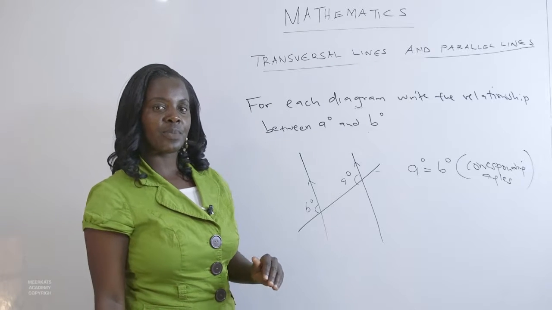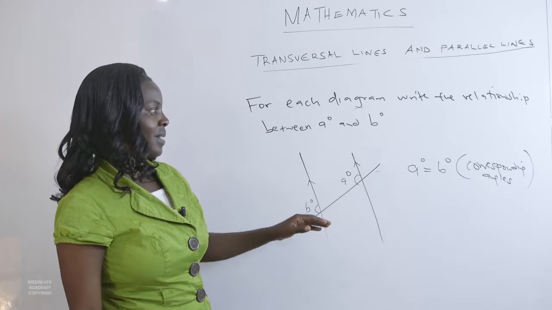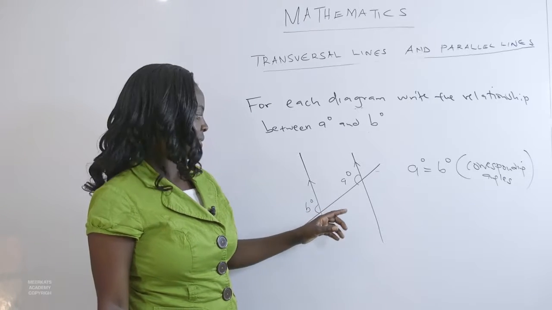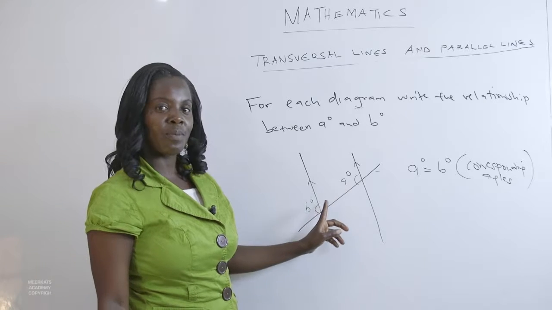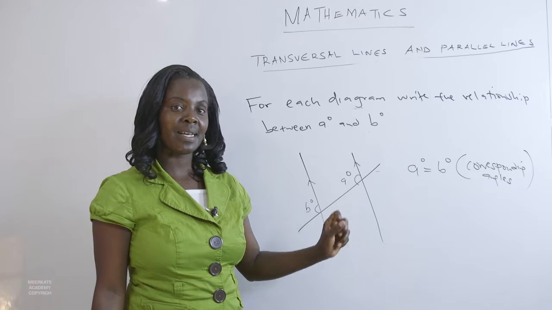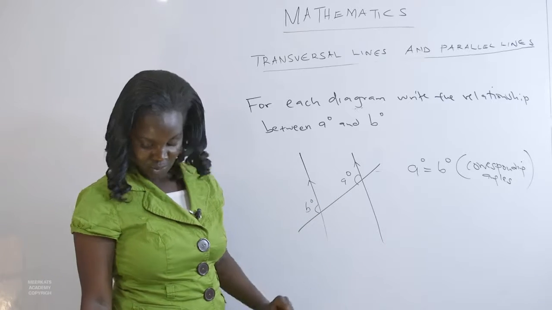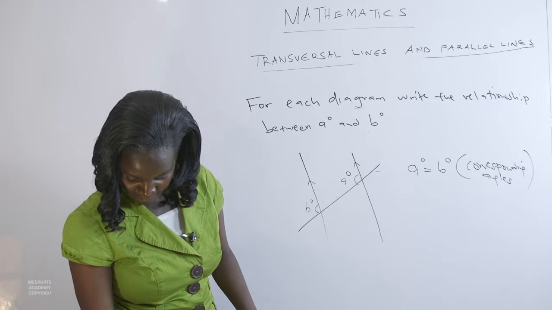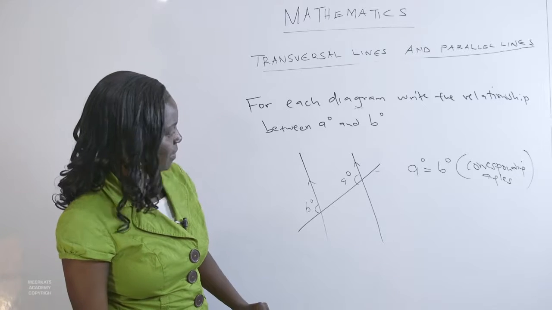They are then corresponding angles. So A and B are equal because we said previously that corresponding angles are equal.